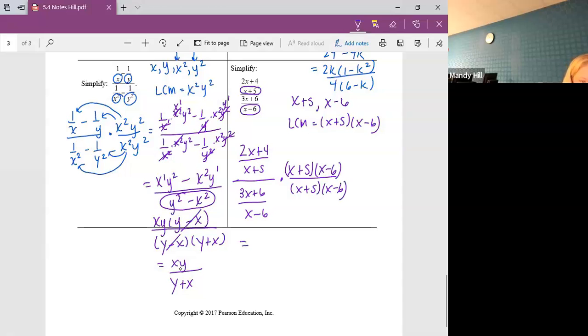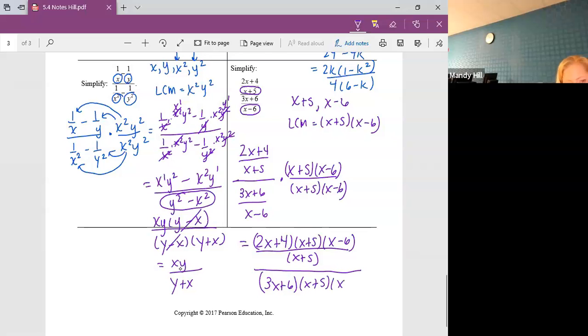Okay, I'm going to go ahead and stretch it out to make sure I explain it. So 2x plus 4 times all this stuff, well, that's going to be 2x plus 4 times x plus 5 times x minus 6 over x plus 5. On the bottom, we would have our 3x plus 6 times x plus 5 times x minus 6 all over x minus 6.